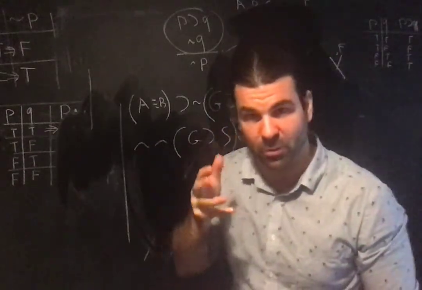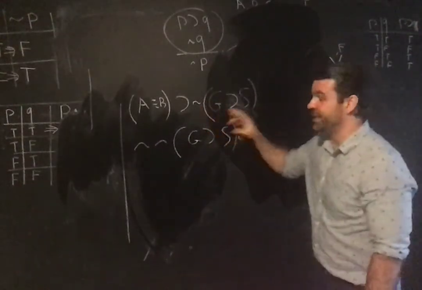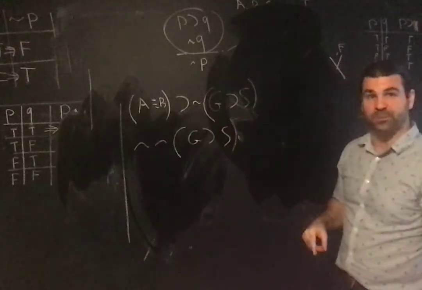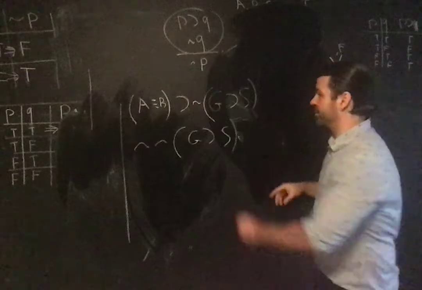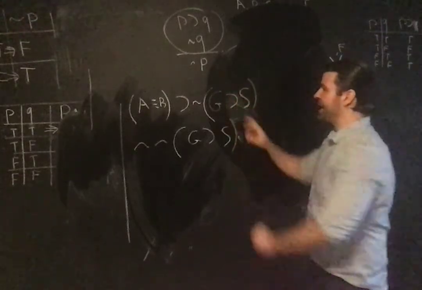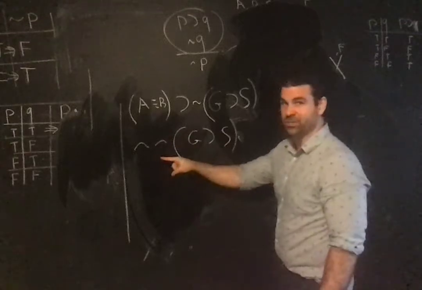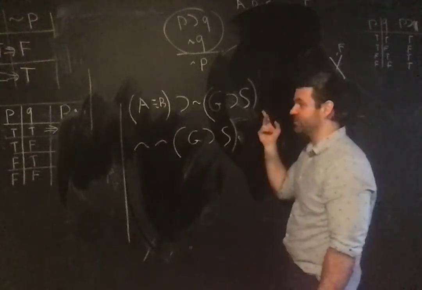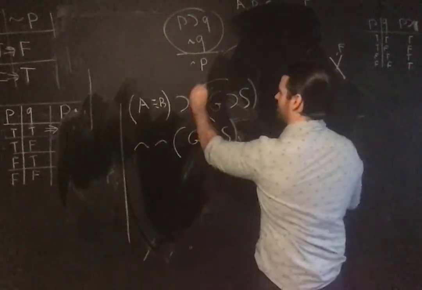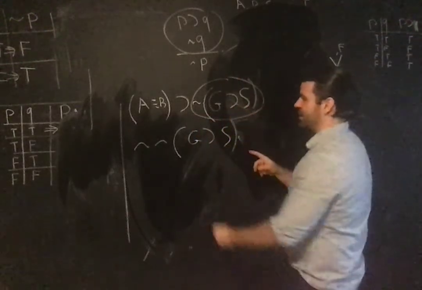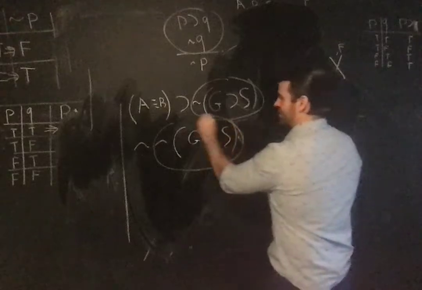expressing the logical form of the formulas. You need to be able to say, what am I given with these two premises, or these two formulas? I am given a conditional, and I am also given the negation of the consequent of that conditional. This is a conditional, and look at this, not G hook S, and that's the same as that.